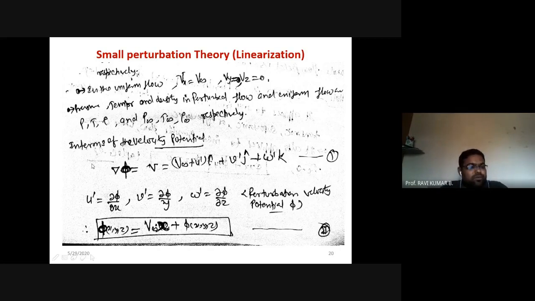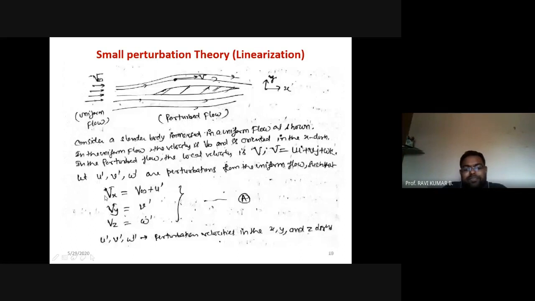Now we'll go for the velocity potential. Velocity potential is given by the gradient of phi. The gradient of phi is the velocity vector. So the velocity vector is ui plus vj plus wk. Now u, the velocity in the x direction, is nothing but V infinity plus u dash, v is equal to v dash, and w is equal to w dash.